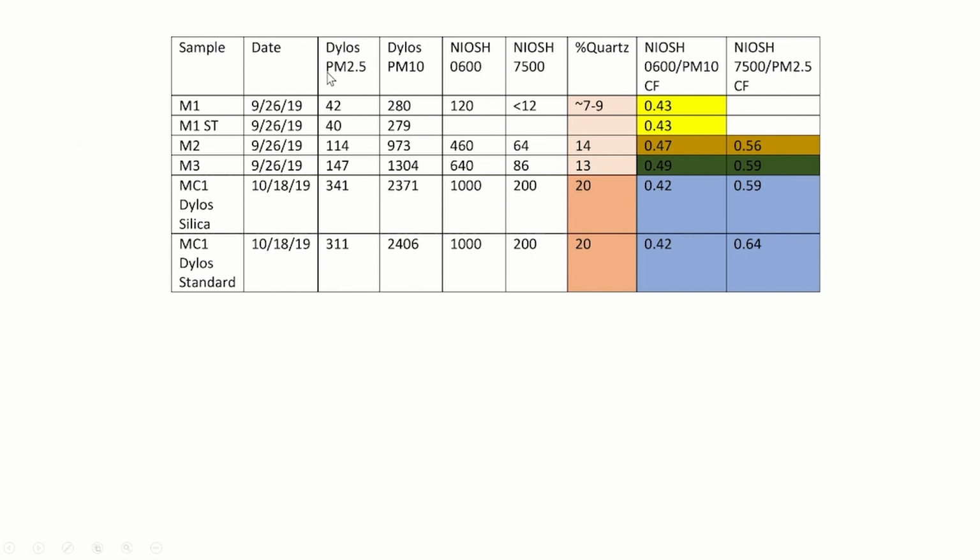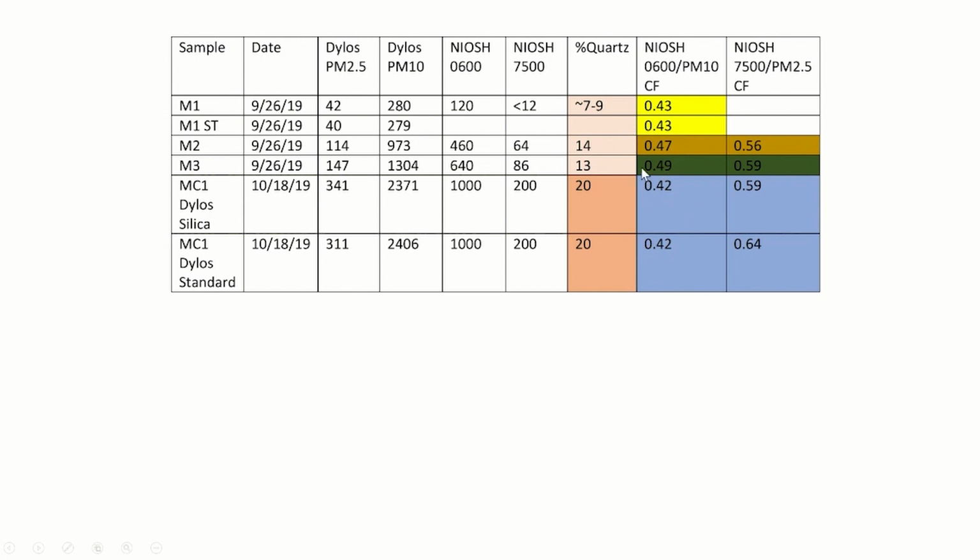This is a particular construction company, and you can see this was 2 different days, and different times in the day, but you can see my PM10 to residual dust correction factor was very consistent. So this is chipping of concrete in a construction environment.